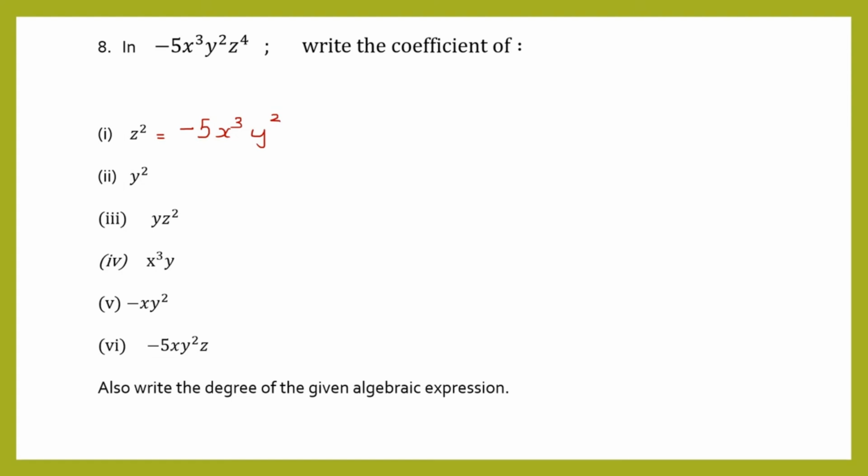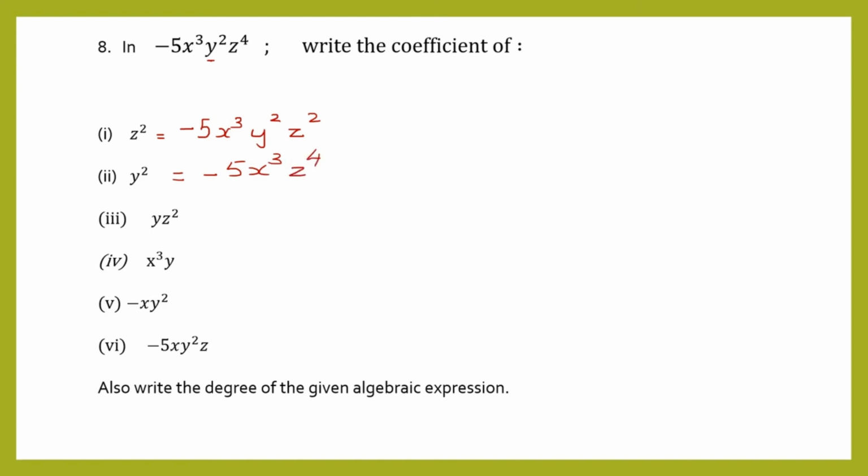There is 4. I'm going to take off 2. So I have the remaining 2. Z to the power of 2. Write the coefficient of y square. So leave out y square and write the rest. Minus 5x cubed z 4.